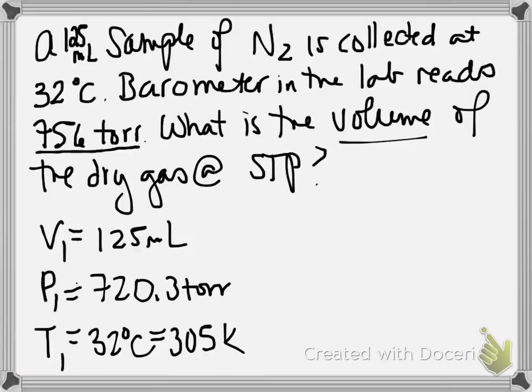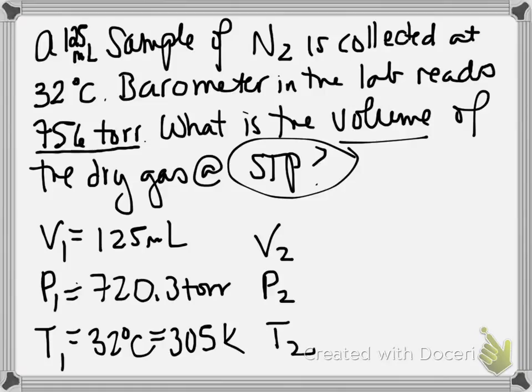So we're looking for V2. And our final conditions are all specified in one little 3-letter phrase, STP. So anytime you see STP, that gives you pressure and temperature. What's the standard pressure? 1 atm, or 760 torr, since we're already in torr.